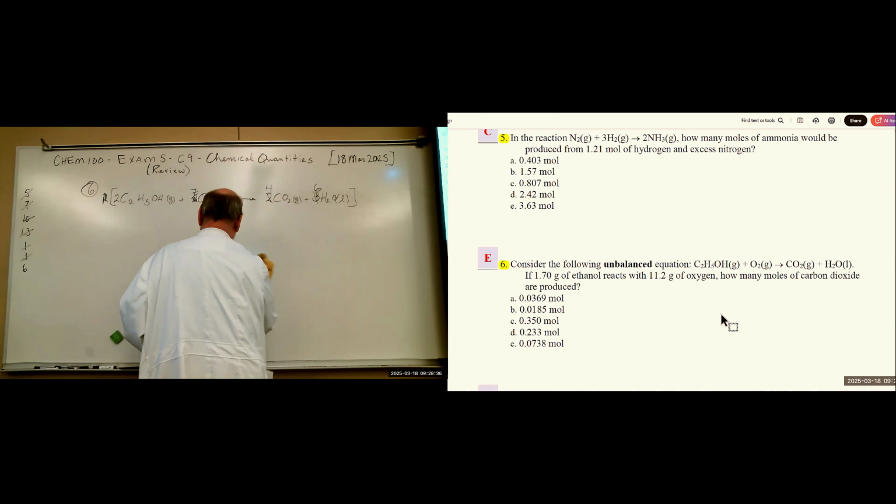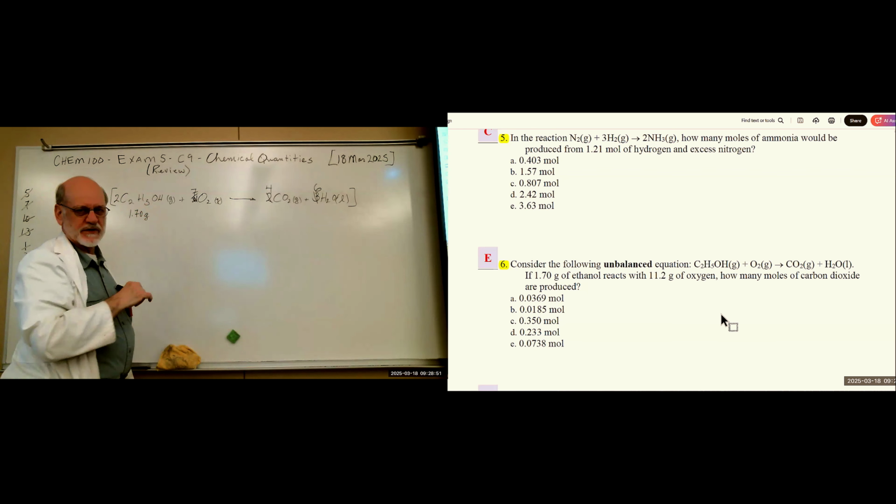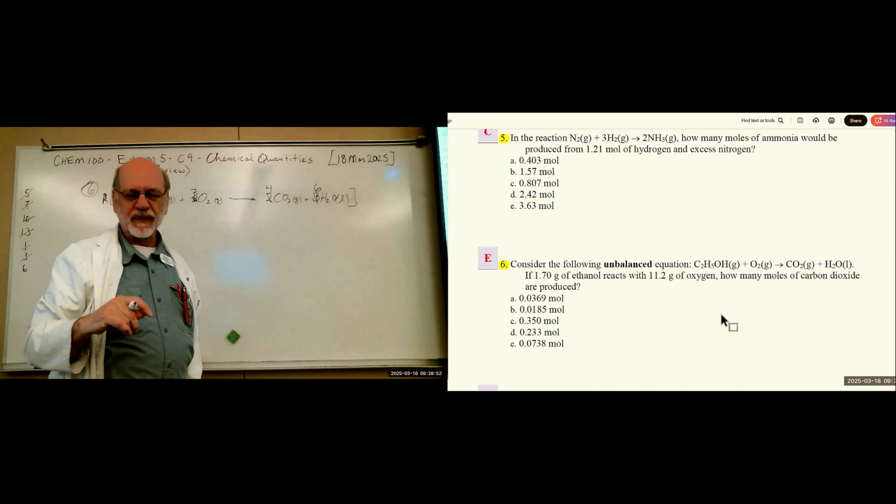All right, what else are we given? 1.7 grams of ethanol, 3 significant figures. And 11.2 grams of oxygen. How many moles of carbon dioxide are produced?